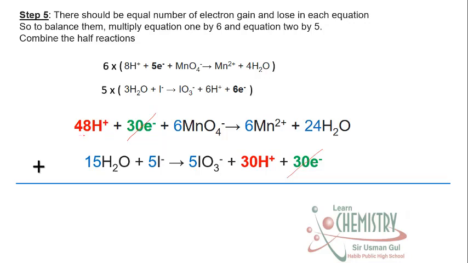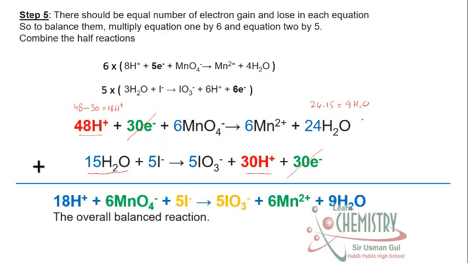Here there are 48 H+ ions and 30 H+ ions, so 48 minus 30, 18 H+ will be left. There are 15 water molecules and 24 H2O, so 24 minus 15, 9 water molecules will be left, and the overall reaction will be like that.